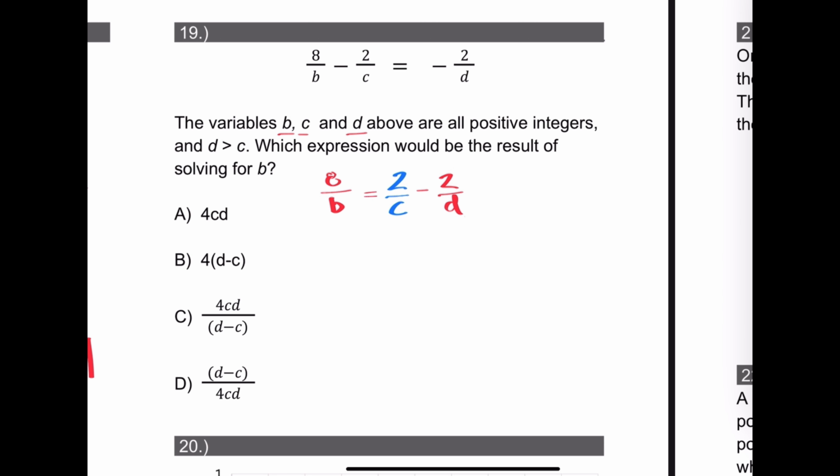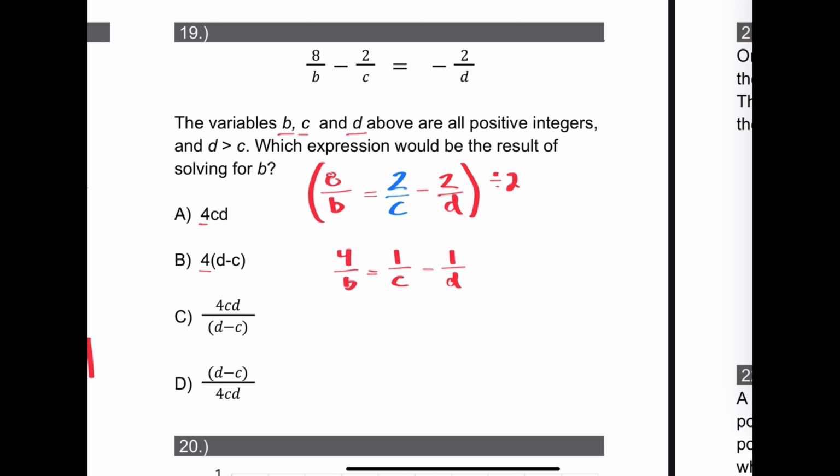First, I notice all the answer choices are using the number 4, and I have an 8 and two 2s. And so I think it would be wise to first divide this by 2 so that it looks similar to their answers. So we actually have 4 over b equals 1 over c minus 1 over d, starting to look better.